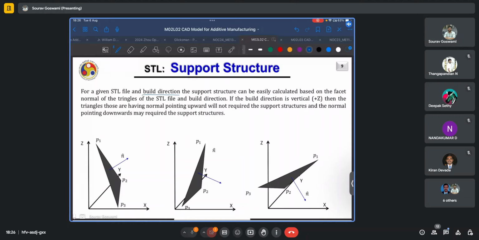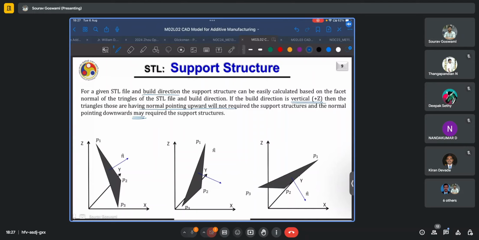If the build direction is vertical, which is mostly the case for most AM processes, unless we are working with a high degree of freedom machine such as a 5-axis CNC retrofitted with a deposition head, then in most cases, triangles having normals pointing upwards from the horizontal will not require support structures, whereas normals pointing downwards may require support structures.